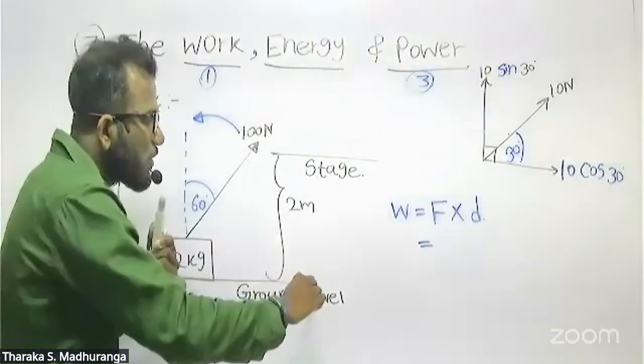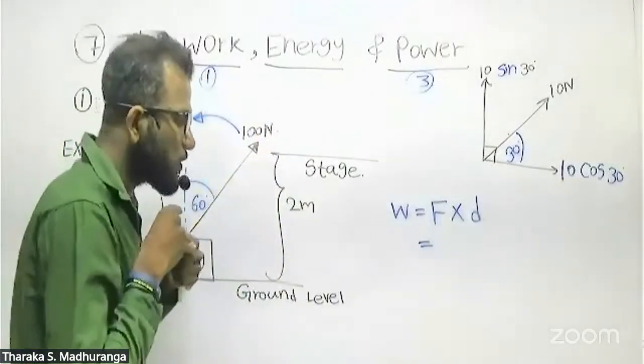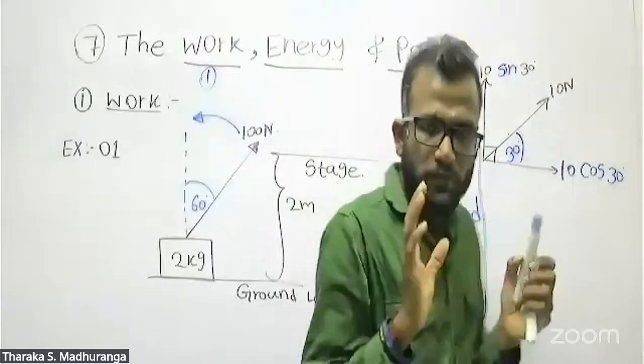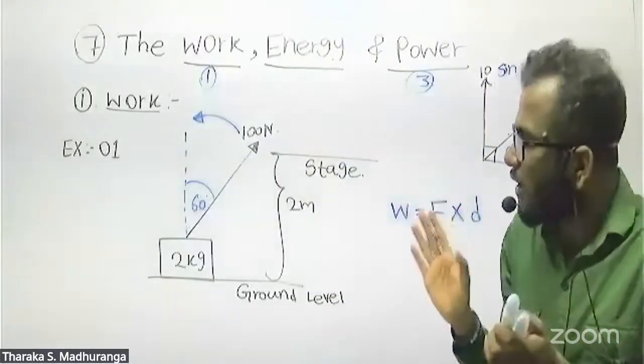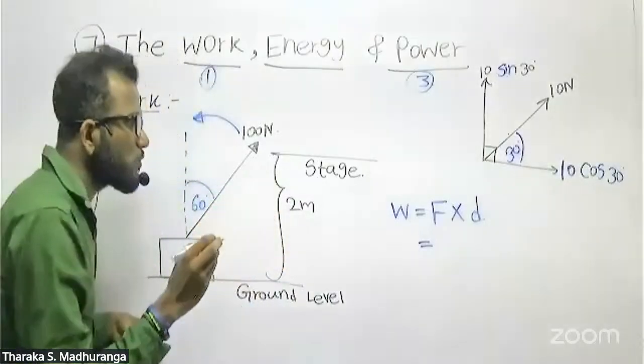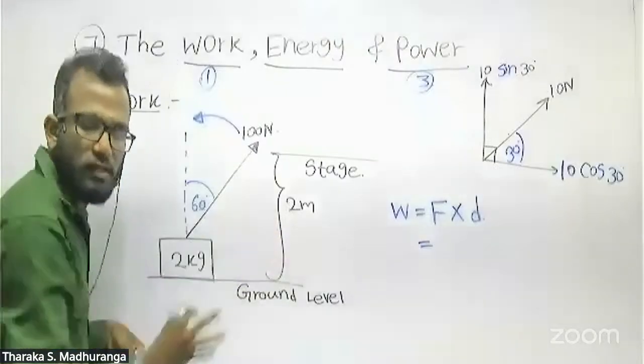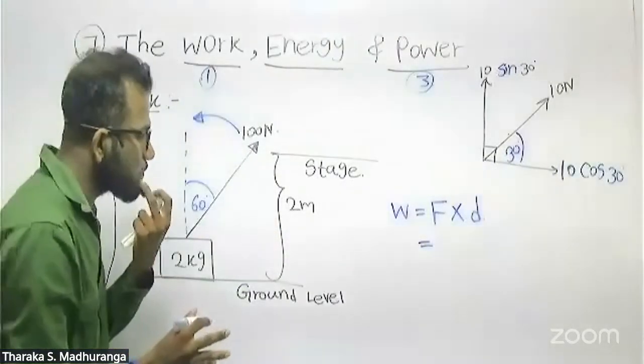From this level to this level, the vertical height is 2 meters. That's given. We need to get the force in the displacement direction.